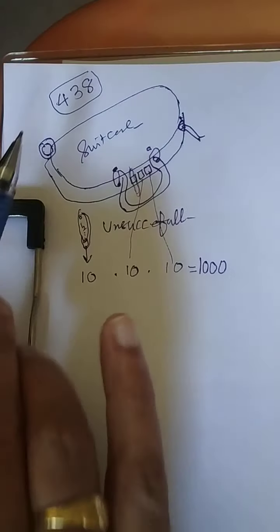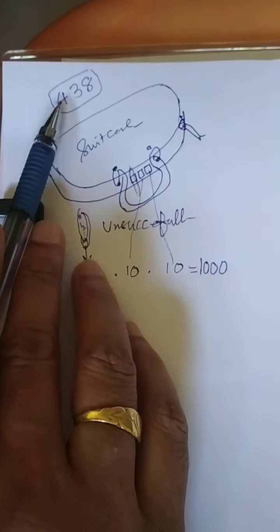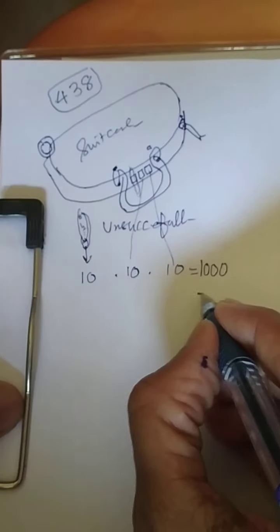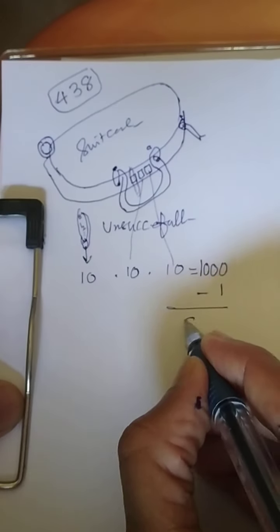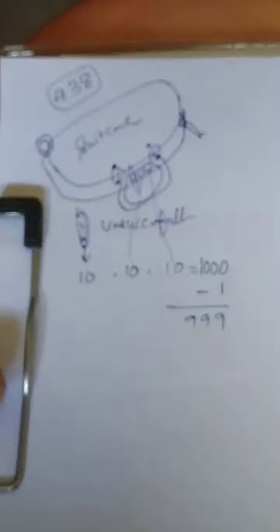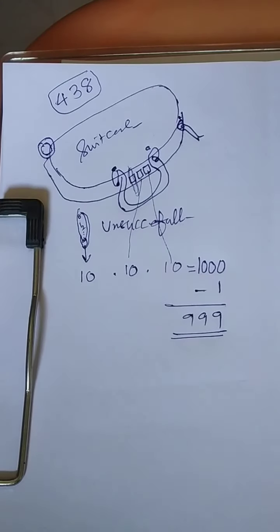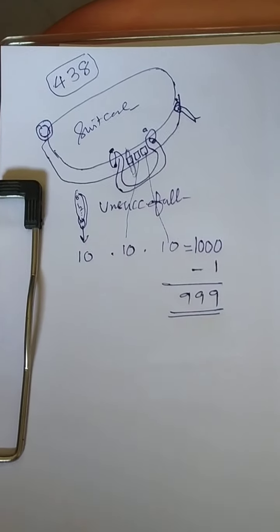Out of that, how many are correct? This only. If you write 348, will it open? No. Only one is correct. So your unsuccessful attempts will be 998.